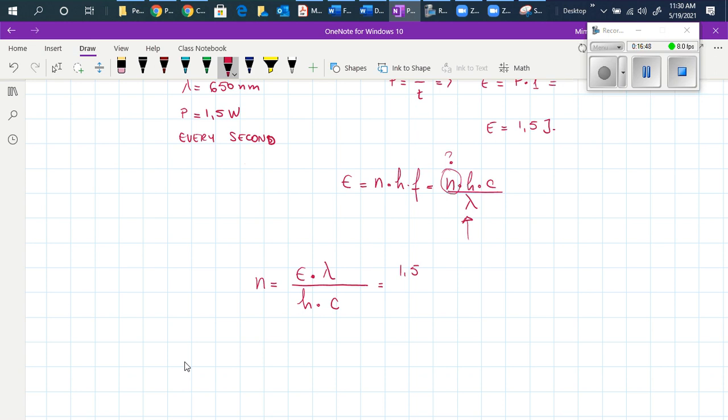So 1.5 times 650 times 10 to the power of -9, converting nanometers into meters, over Planck's constant 6.63 times 10 to the power of -34 times 3.0 times 10 to the power of 8. After we plug this into the calculator, we find that the number of photons is 4.9 times 10 to the power of 18 photons.